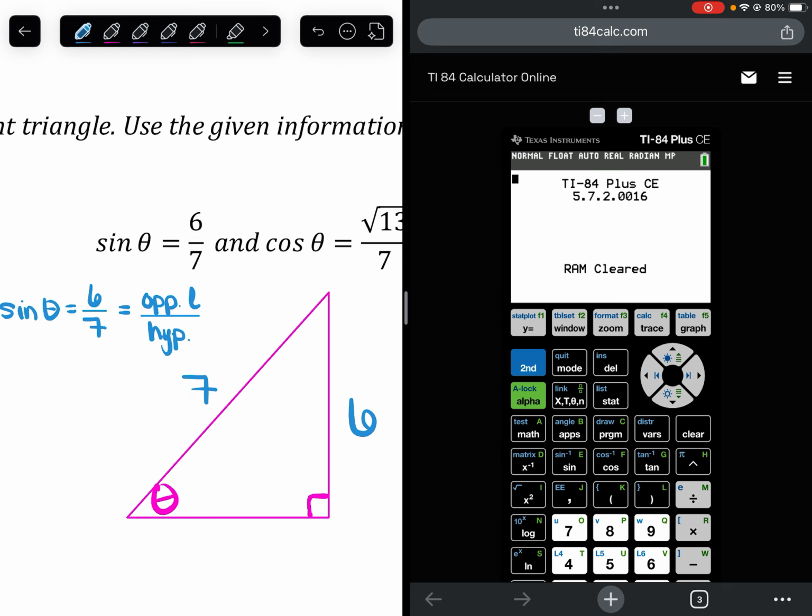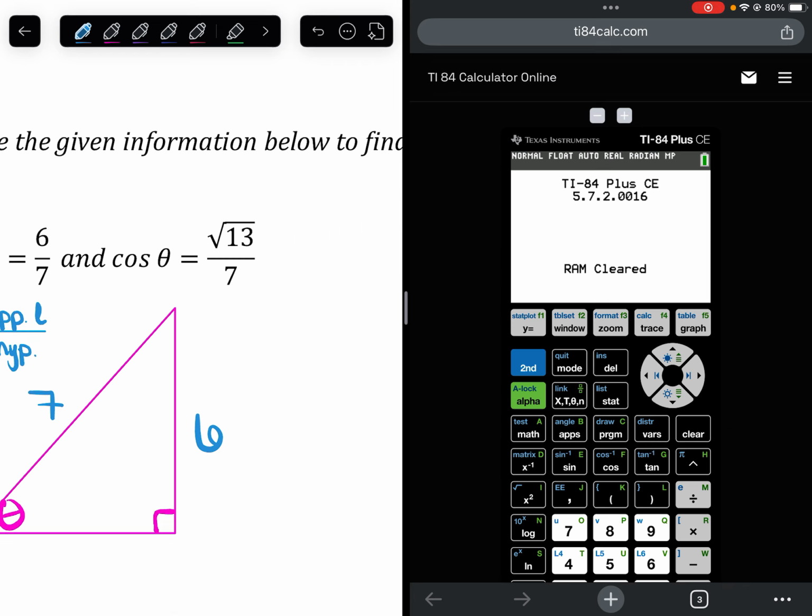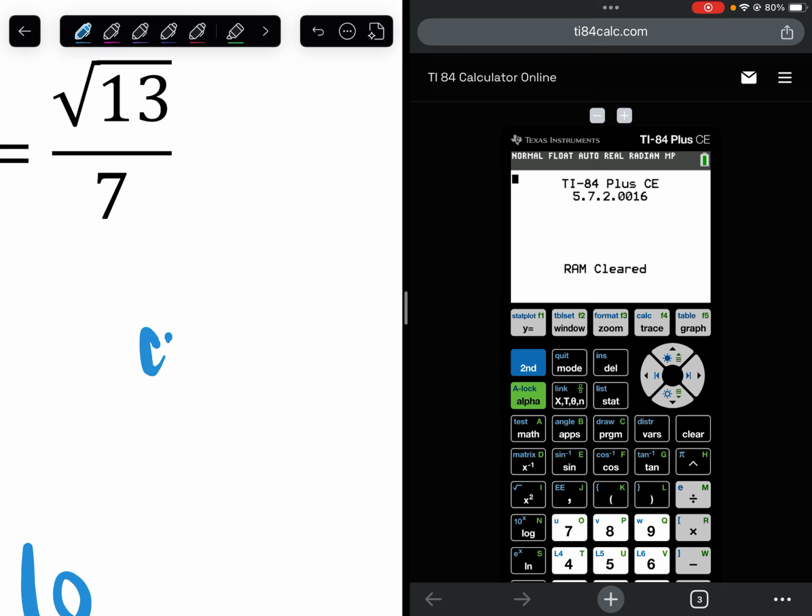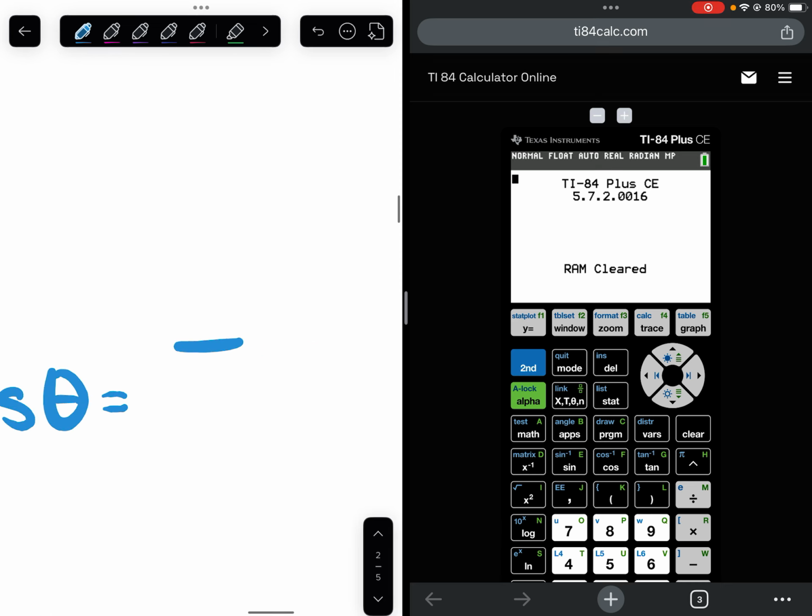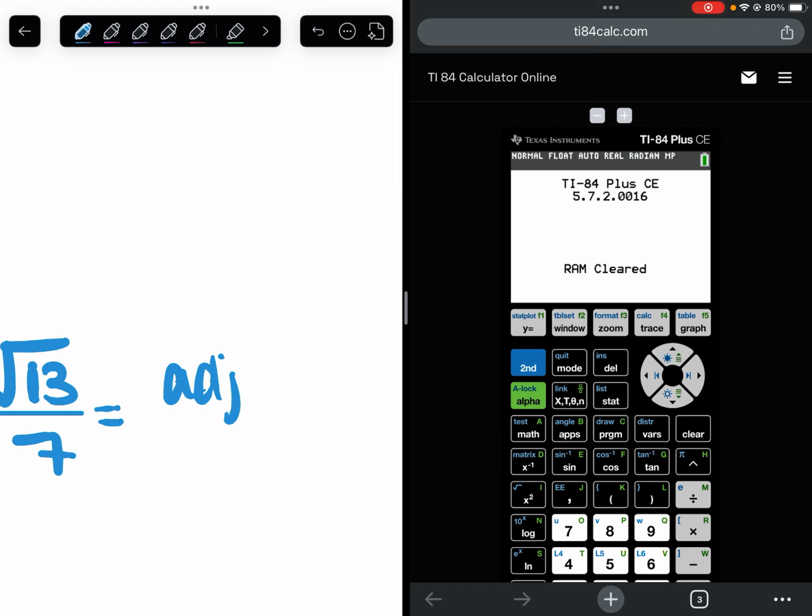We were also told cosine was the square root of 13 over 7. Cosine is defined as the adjacent leg over the hypotenuse.